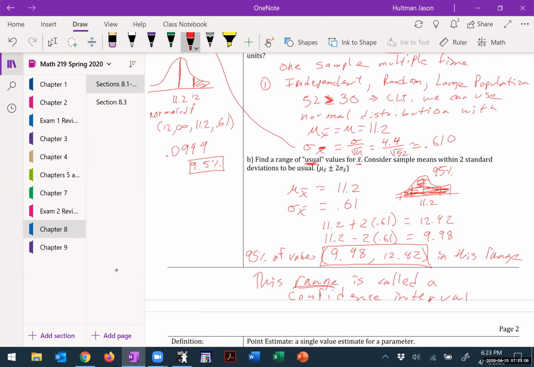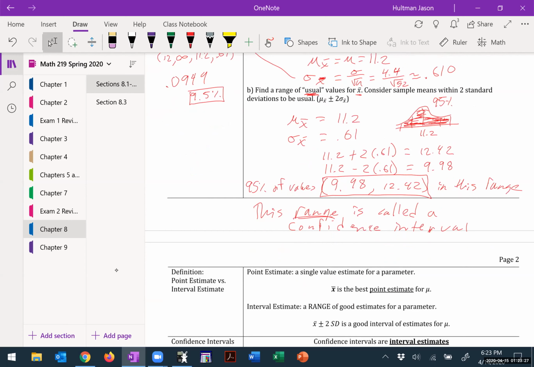We are 95% certain that the true population mean is within that range. In this case it is, because that's what we used. We used the true mean as the sample mean, but sometimes we're not given the true mean, and we have to make an educated guess as to where it is.